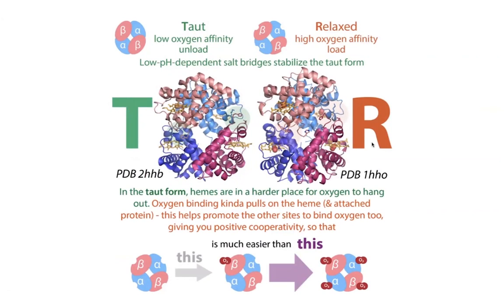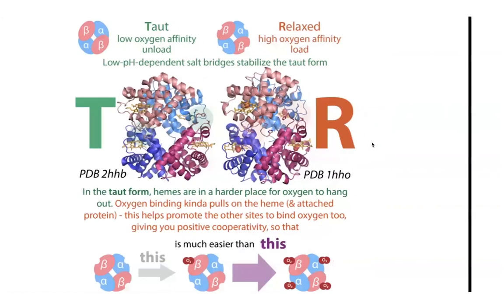We could talk about the oxygen pulling on that heme and pulling on the iron and the histidine that was bound to it, and causing all these allosteric changes that are going to stabilize the hemoglobin in this R state, which is going to have a higher affinity for oxygen. You're going to load your oxygen, but then once one of those oxygens is released, you're going to get stabilized in the top form, the T form, where you have a lower affinity for oxygen. You're unloading in the tissues.